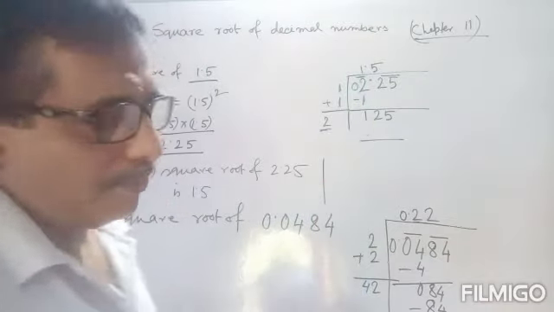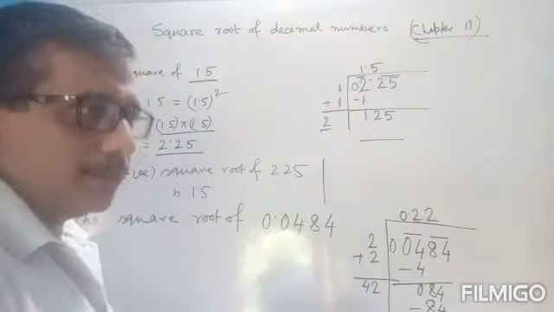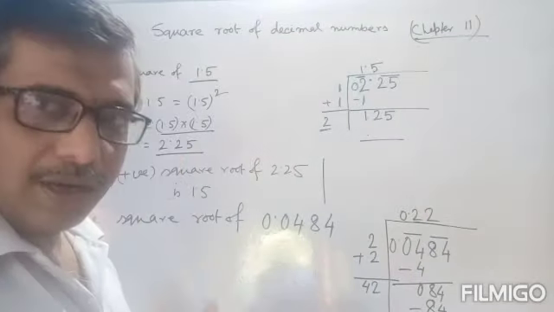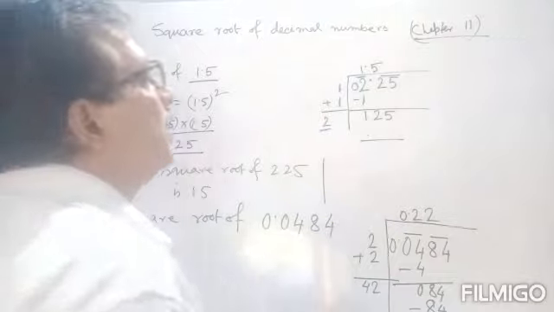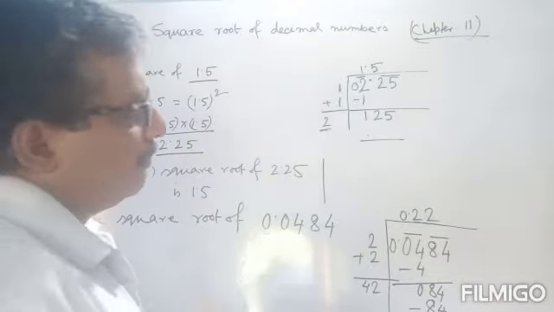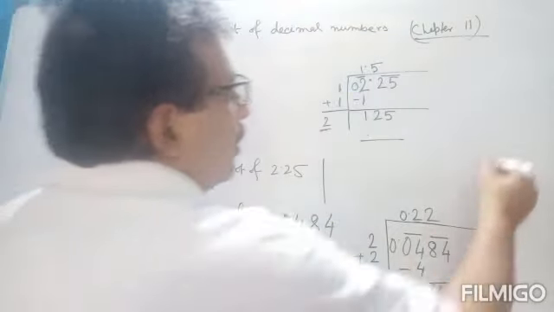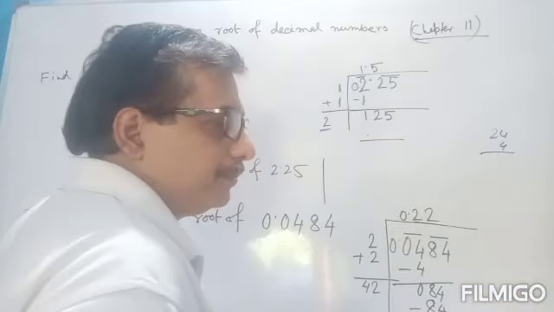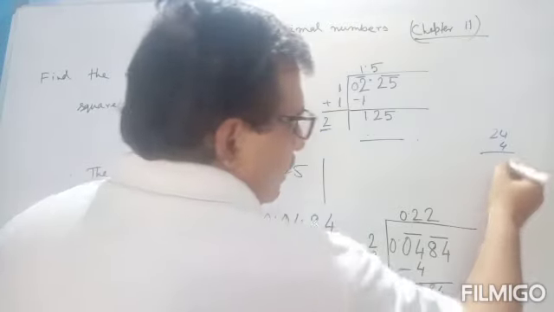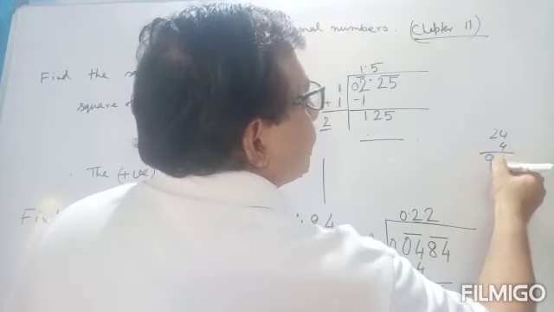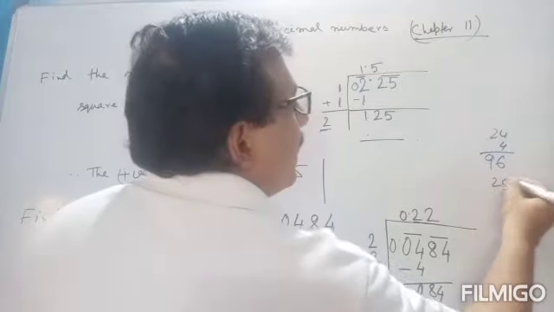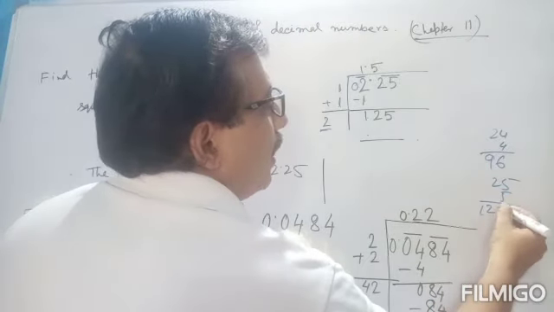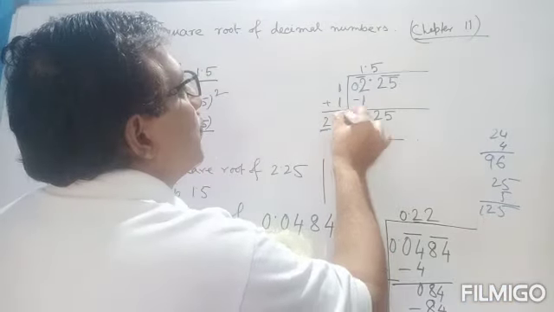Now we have to put some value here which, multiplied by that number, gives equal to or less than 125. If we put 1, then it is 21. If we put 4, 24 into 4 is 96, less than 125. And if we put 5, then it will be 25 into 5, 125.